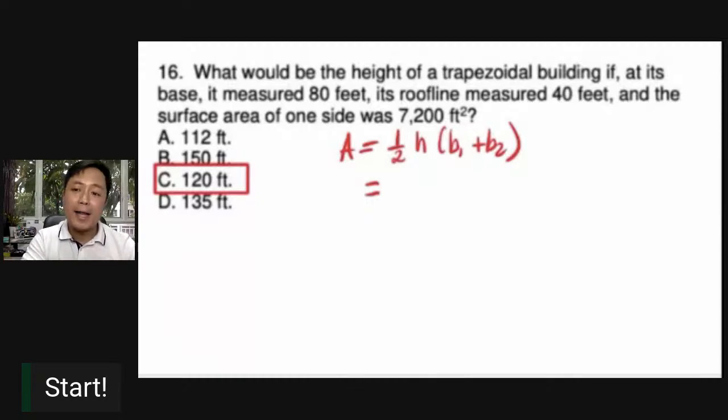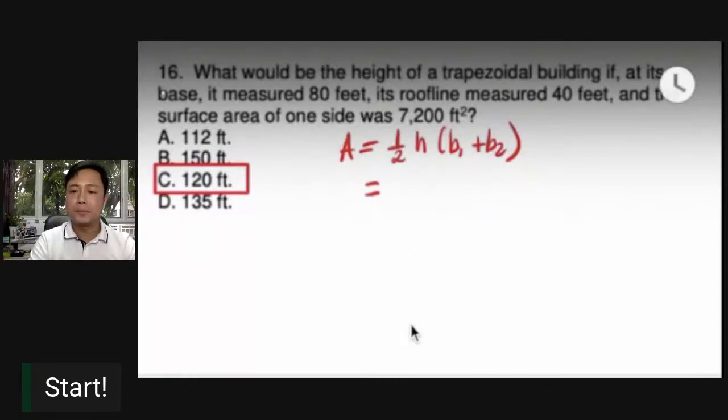So now let's plug in the values. What is the area again? The area is 7,200 feet, and base 1 and base 2 can be interchanged, so you're simply adding those two, 40 and 80.